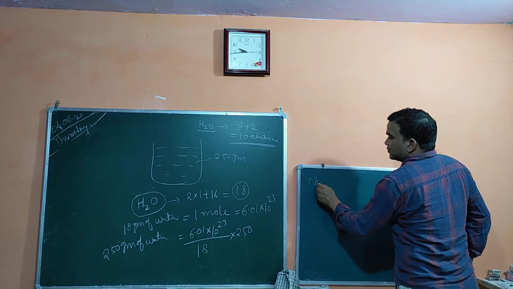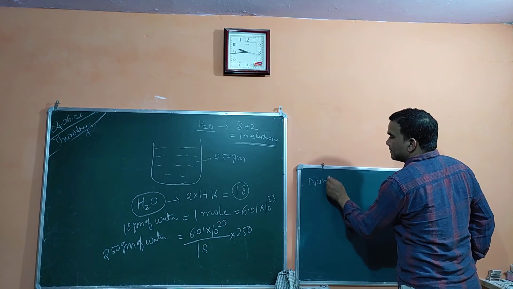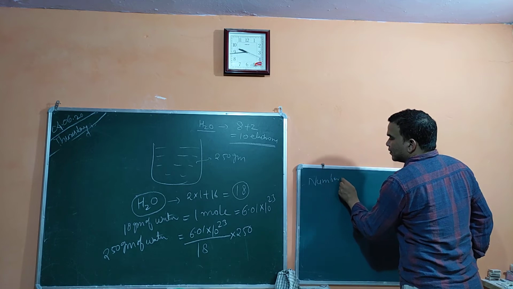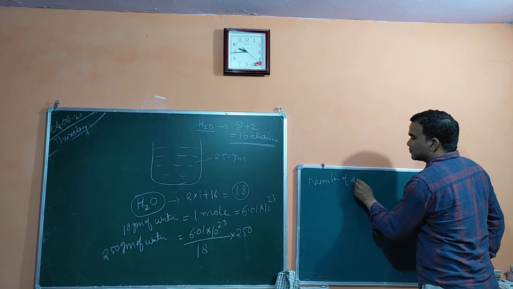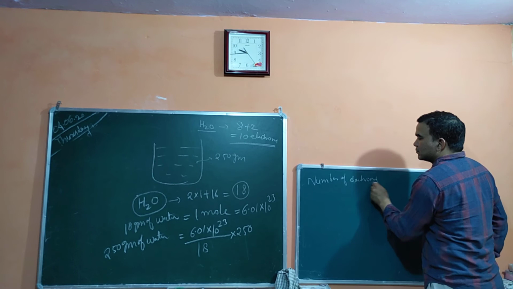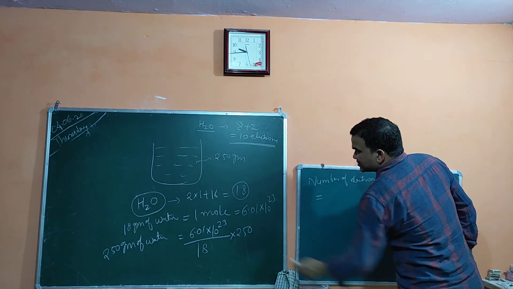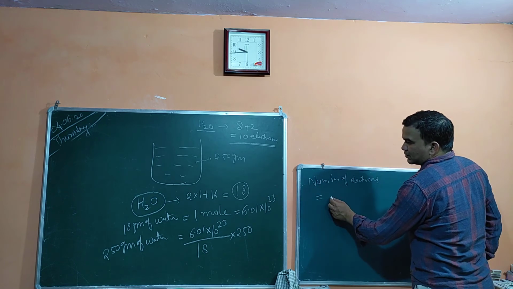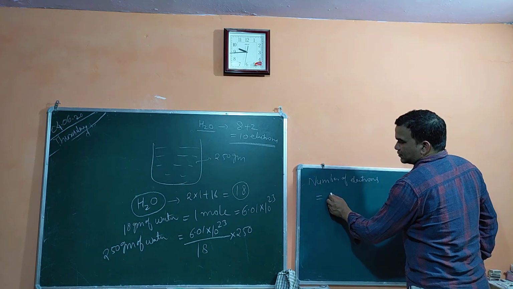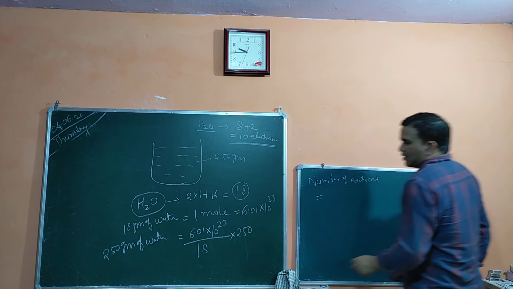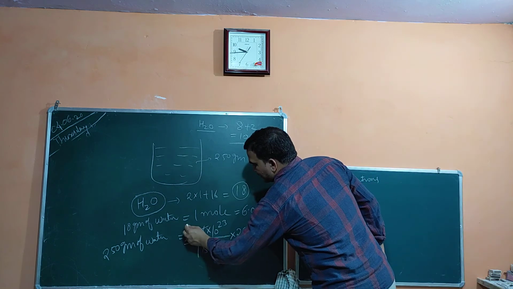So the number of electrons would be this much into 10. I am doing a little approximation.